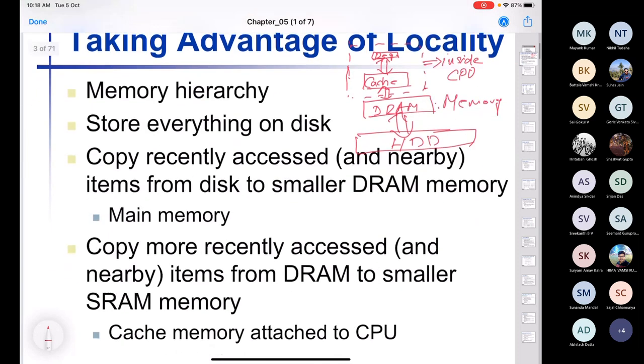So how it works is we store everything initially on the disk. However, rule 101 of accessing memory, which I think I discussed earlier when we discussed MIPS assembly language programming, is that the microprocessor cannot directly access the hard disk drive.